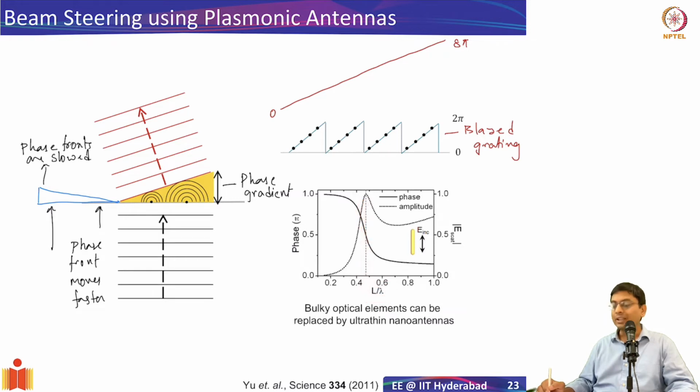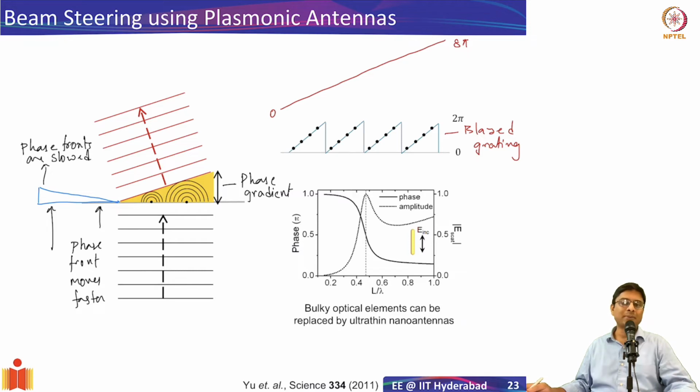Associated with the resonance we see a phase change. Just like any resonance you come across in LC resonators, you have a phase change across the resonance, and the phase varies from about pi, in units of pi, to about 0.2 pi or so. So across the resonance you see this phase variation.